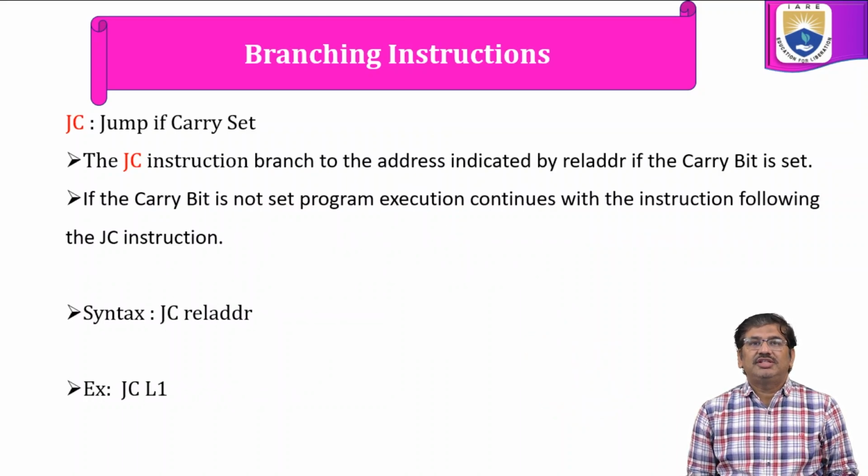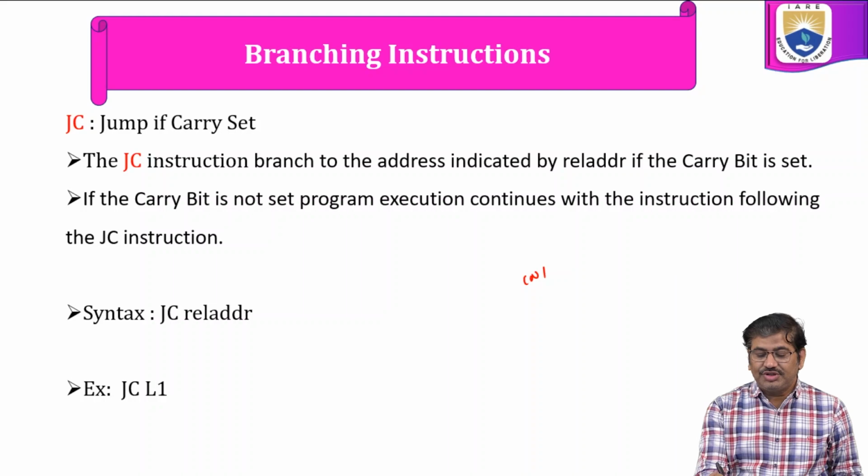The next instruction is JC, jump if carry set. The JC instruction branches to the address indicated by the relative address in the instruction if the carry bit is set. If the carry bit is not set, the program execution continues with the instruction following the JC instruction.